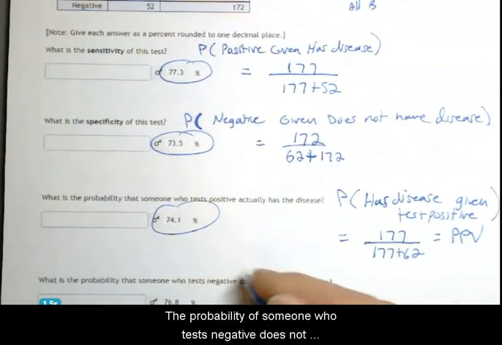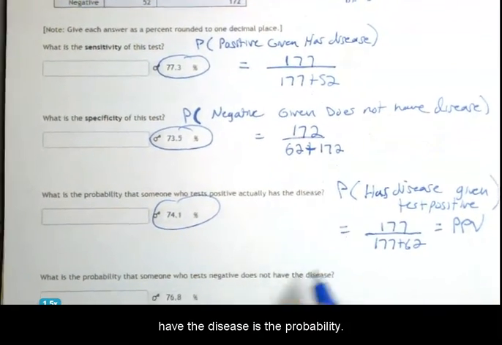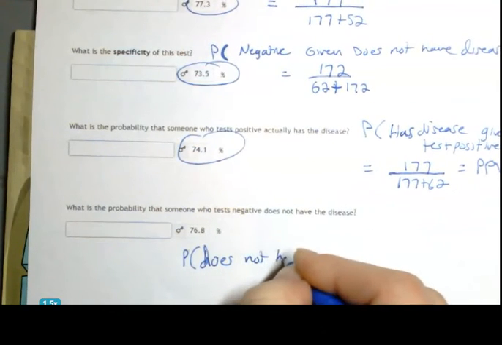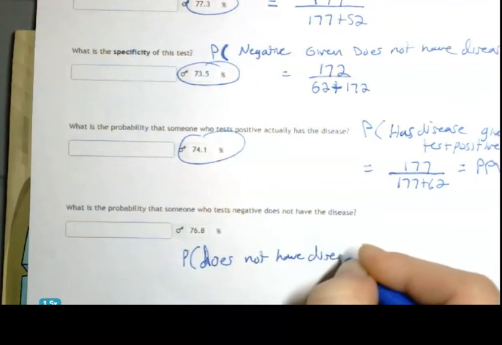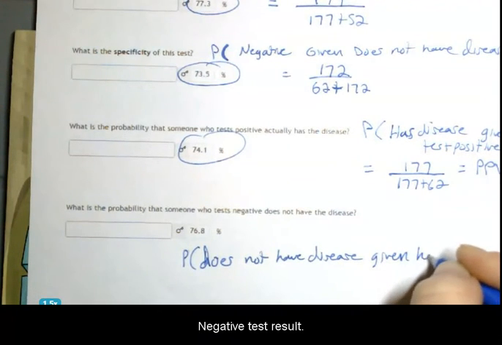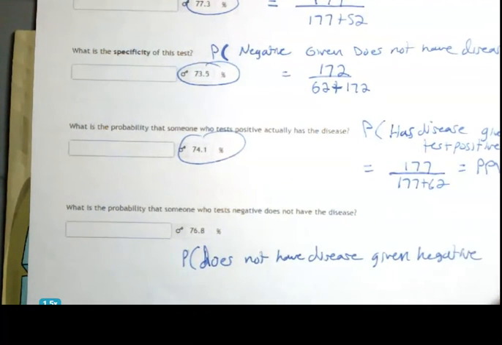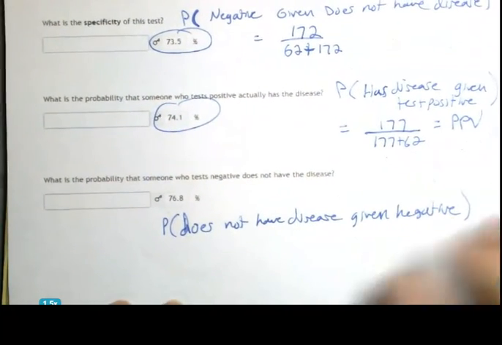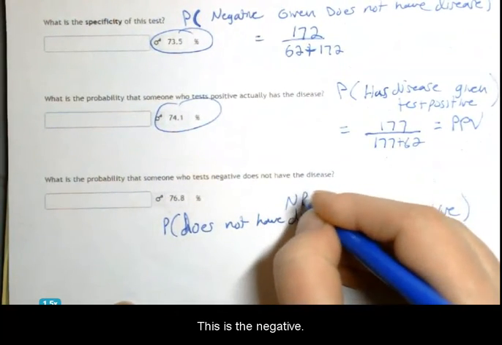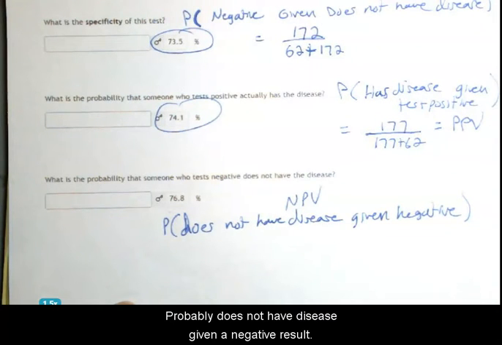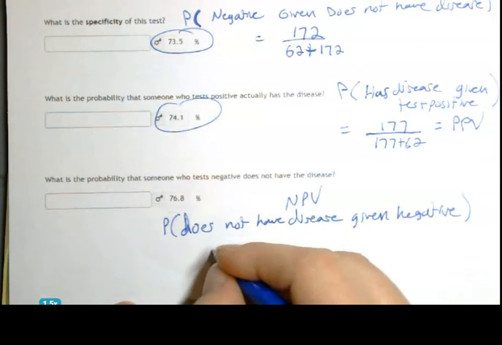The probability that someone who tests negative probably does not have the disease, given a negative test result. This is the negative predictive value. Probably does not have disease given negative result.